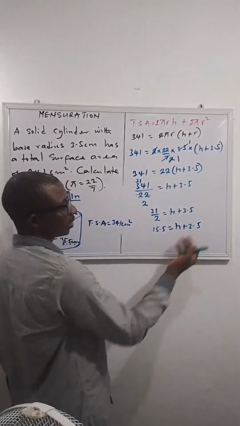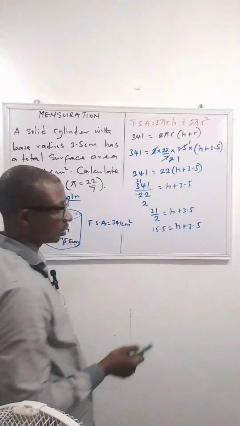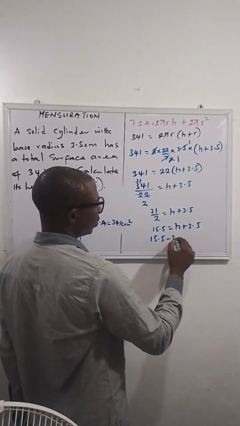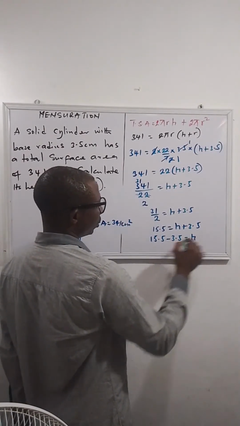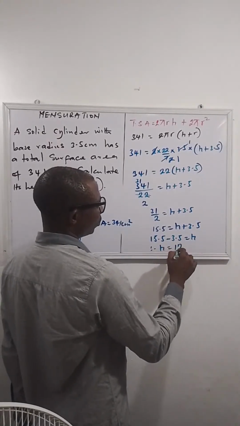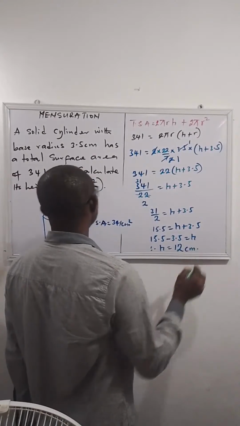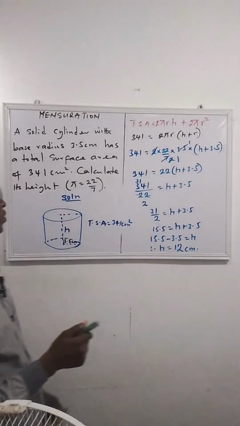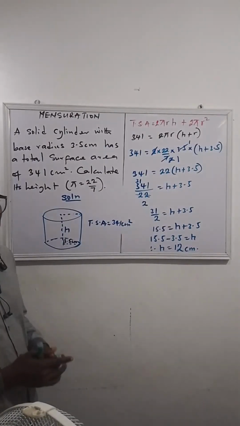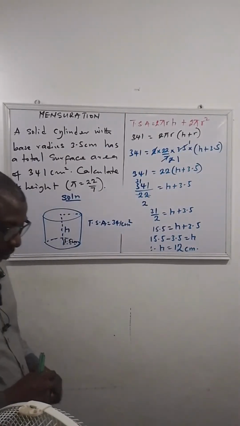Let's subtract 3.5 from both sides. So we have 15.5 minus 3.5 equals h. Therefore, h equals 12 centimeters. This is going to be the height of the cylinder. I hope you understand that. So that's how to solve that problem.